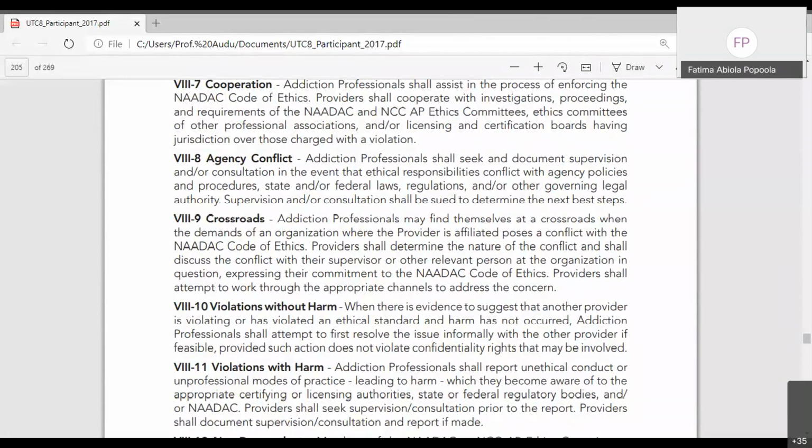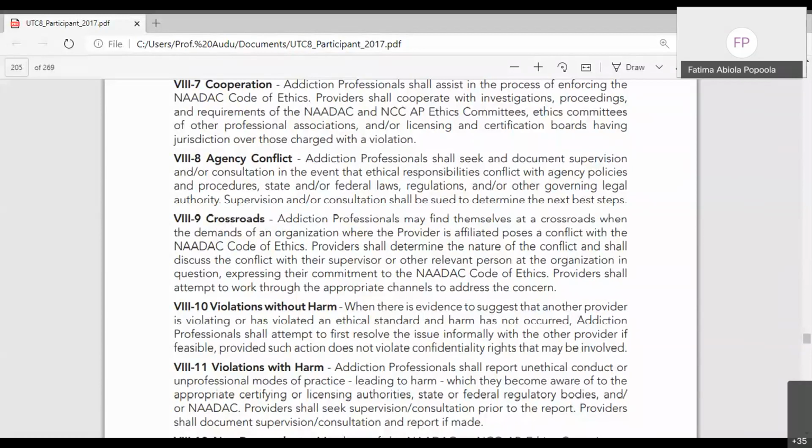8. Addiction professionals shall seek and document supervision and or consultation in the event that ethical responsibility conflicts with agency policies and procedures, state and or federal laws, regulations, and or other governing legal authority. Supervision and or consultation shall be used to determine the next best steps. 9. Crossroads.